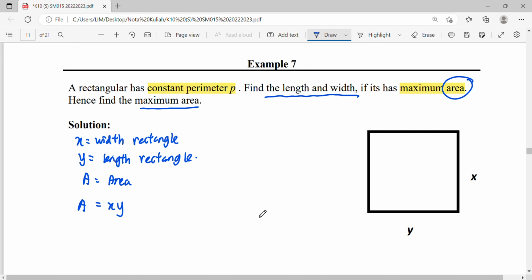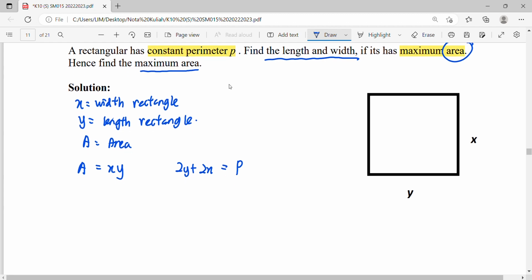So look at x and y. What is their relationship? From here we notice that x and y form a constant perimeter. So 2y plus 2x equals the constant perimeter p. We can express y and divide by 2, so y in terms of x already.